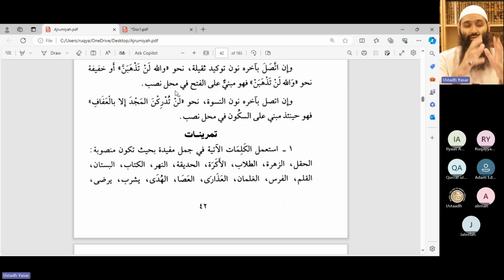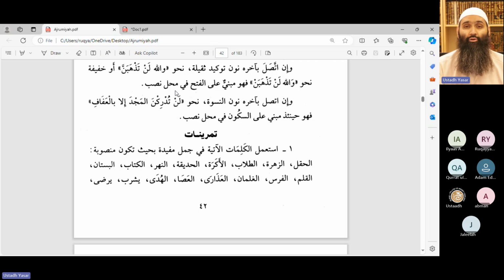Remember, something that is mabni can be in a mahal. It's in the mahal of nasb. Why? Because of the lan. Lan, remember, makes it mansoob, but it cannot make it mansoob here, because when noon tawqeed, thaqila or khafifa, is attached to the end of fi'l mudari, then fi'l mudari cannot be mu'rab anymore.